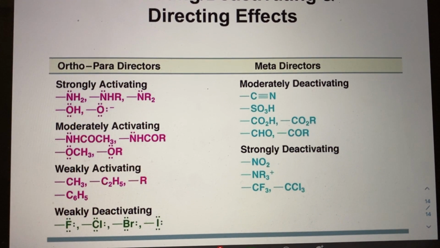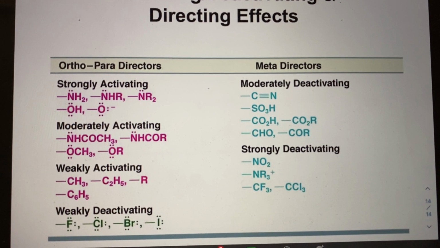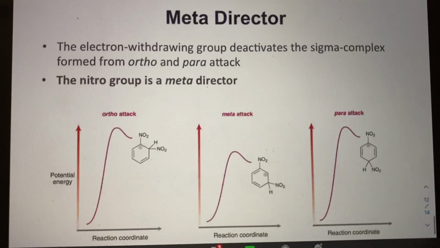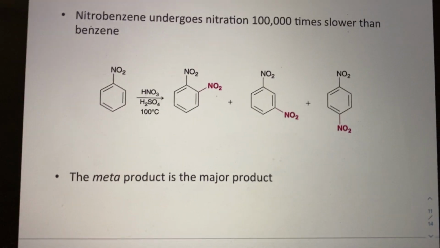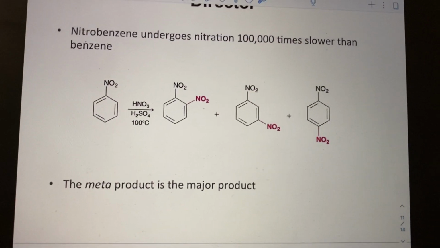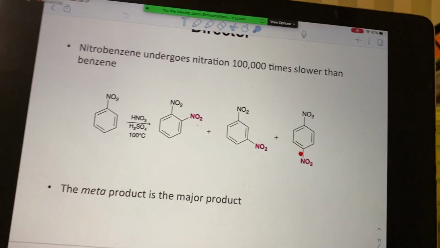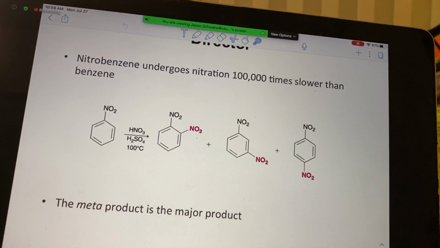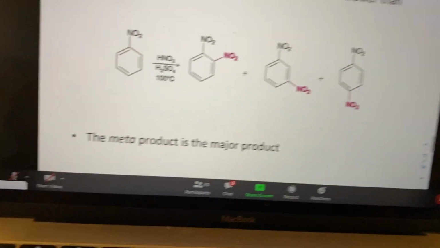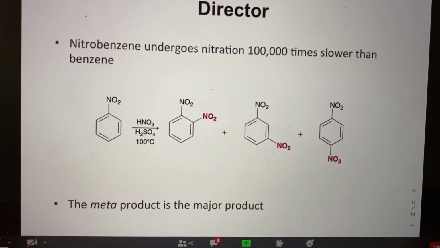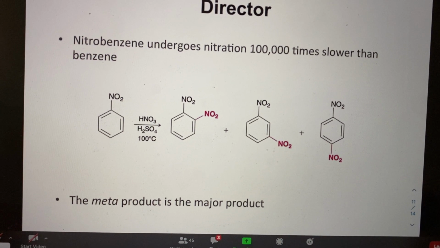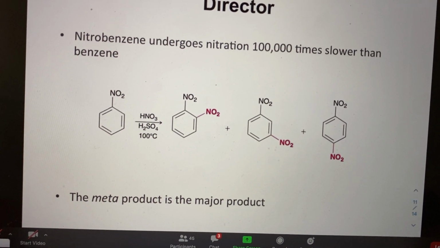We have these 5 major reactions. Now, when we already have a group on the ring, let's go back to a slide that shows that. We need to think about, when I add my second group, is it going to be ortho-para as the major product or meta? And we can rationalize which product is the major product using inductive and resonance arguments, knowing that resonance is oftentimes more important.